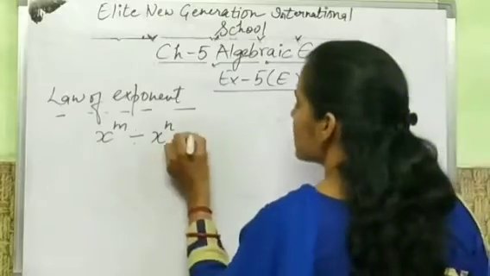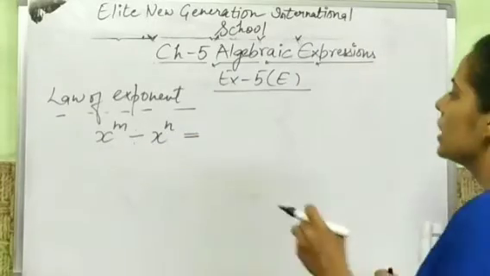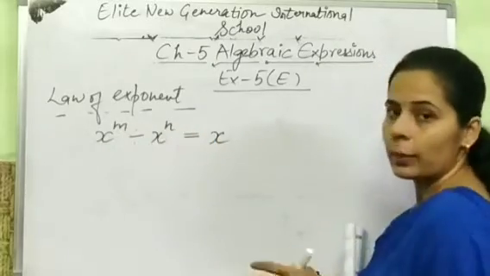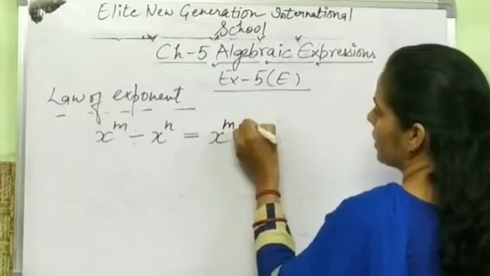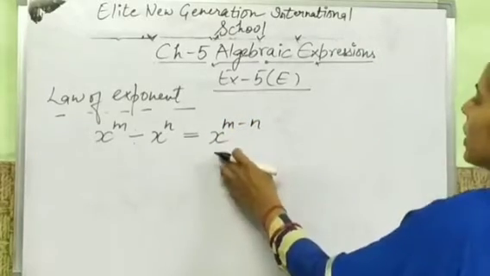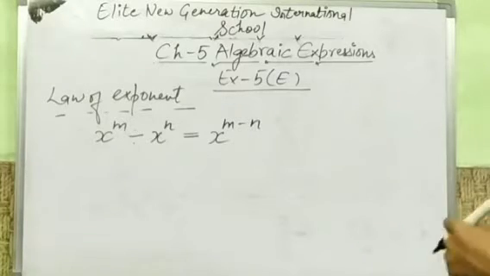In that case, you keep the base the same and subtract the exponents, so we get x to the power m minus n. You have to use this in all questions of exercise 5E.